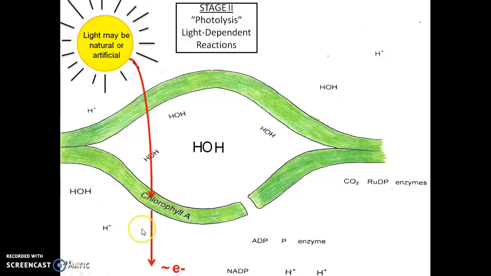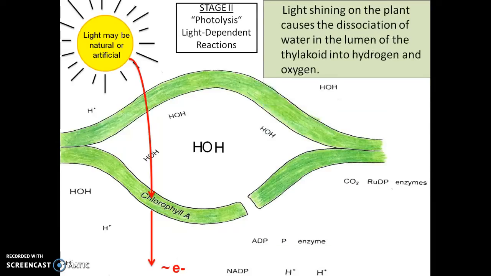So at the end of stage 1, we were left with that high energy electron. So we don't want to forget that. So in your notes on page 2 of what you've drawn, we still draw what we have in stage 1 because we don't want to forget about it. So what's going to happen now is the light is still shining on the plant because remember, it's a light-dependent reaction. And it's going to cause the dissociation of water.